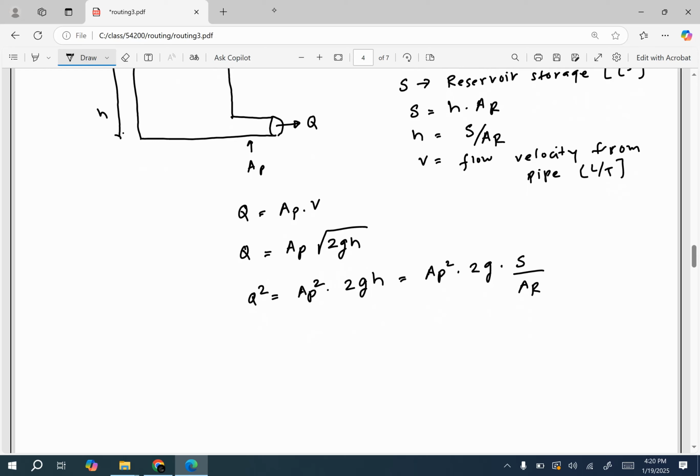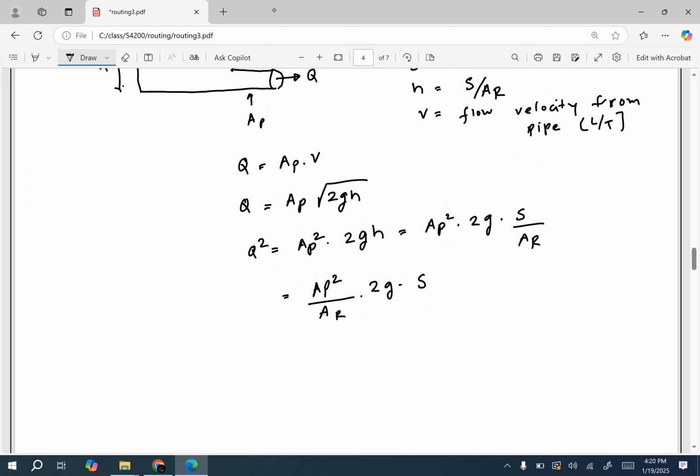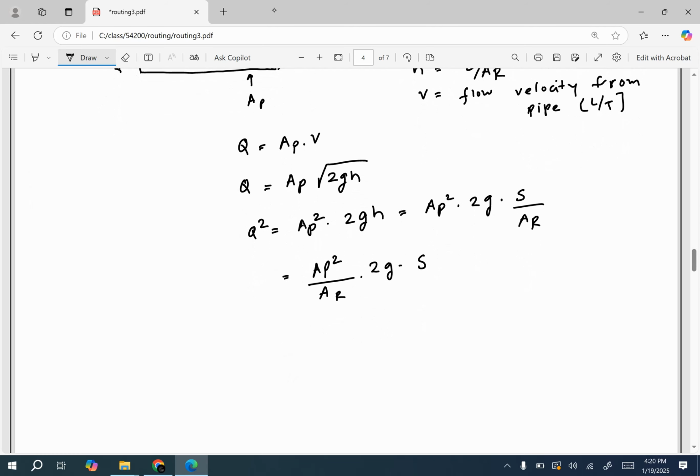I can say AP squared over AR times 2G times S, and this is a constant because the area of the pipe is not changing and the area of the reservoir is not changing.